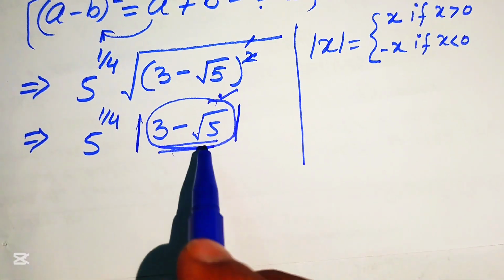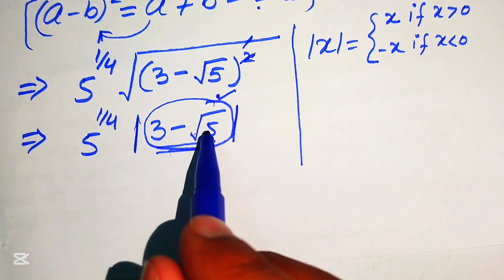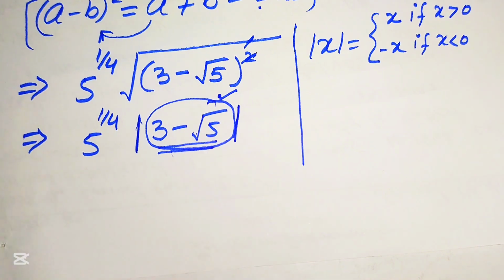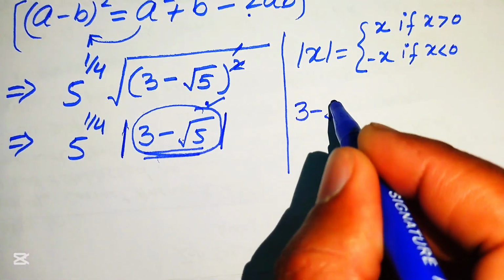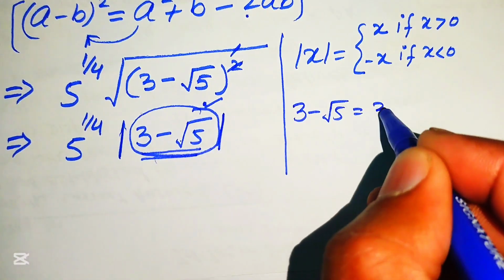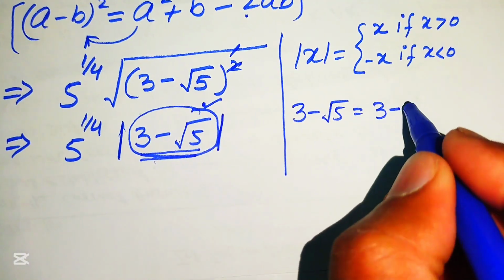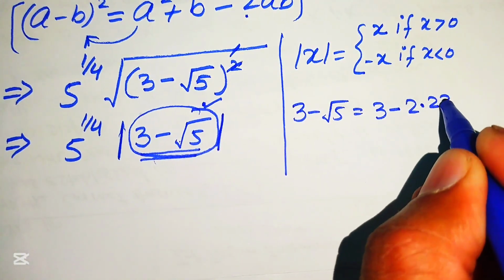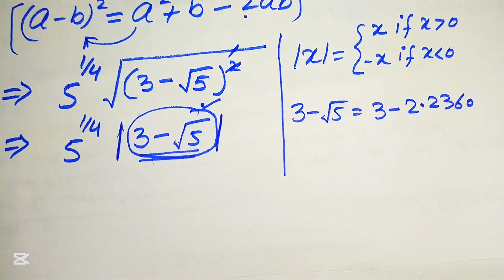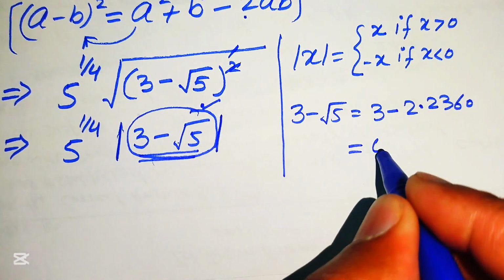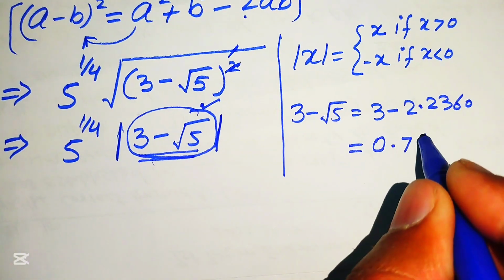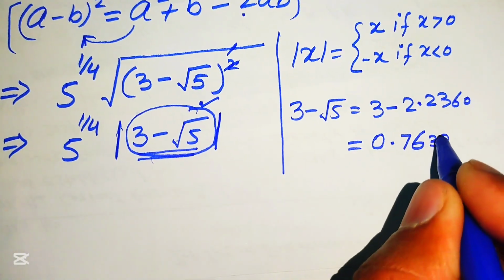So now we need to focus on the inside of this term. You see here, this is 3 minus square root of 5, and we know that the square root of 5 equals 2.2360, and when you subtract this value from 3, we obtain 0.7639.